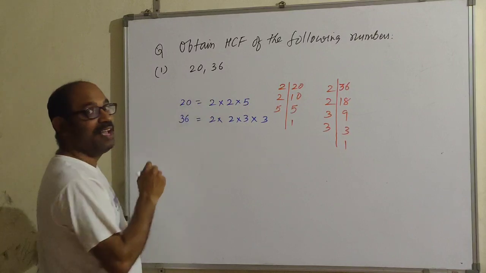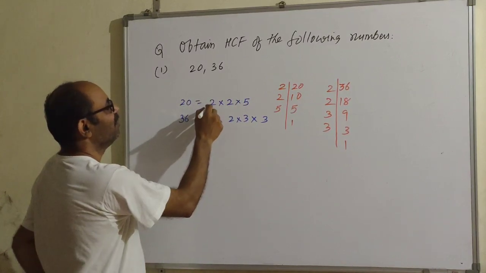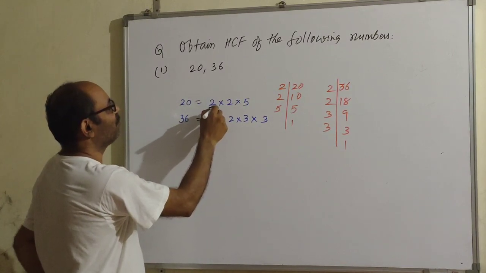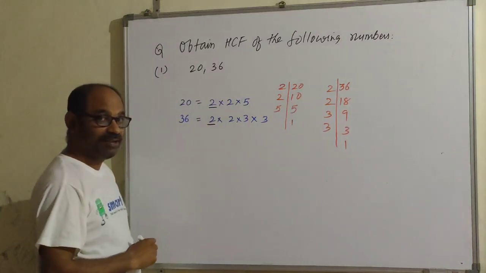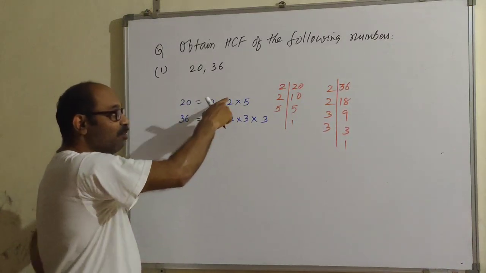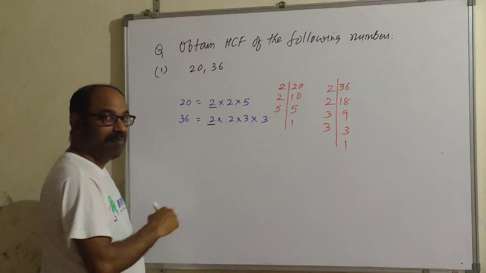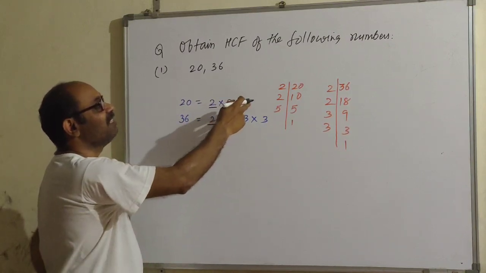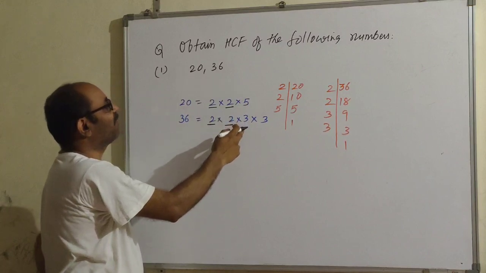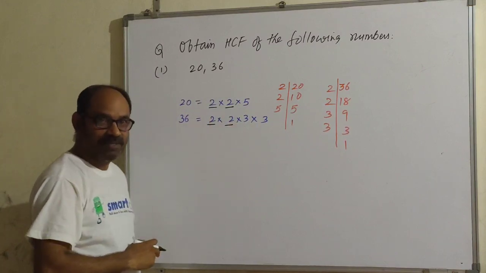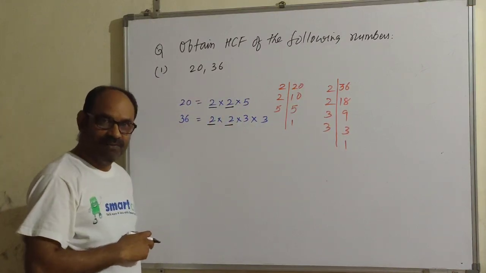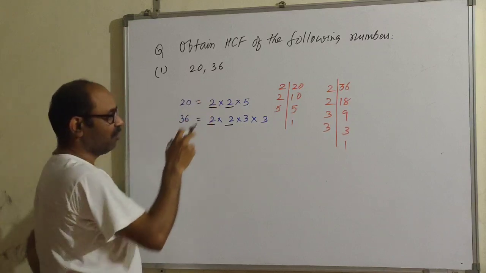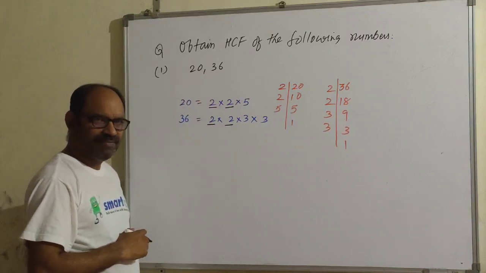I am going to underline the common factors. 2 is a factor of 20, 2 is also a factor of 36. One more time, 2 appears to be a common factor. It is common. Anything else? 5 is present as a factor of 20, but 5 is absent as a factor of 36. So it's not common.